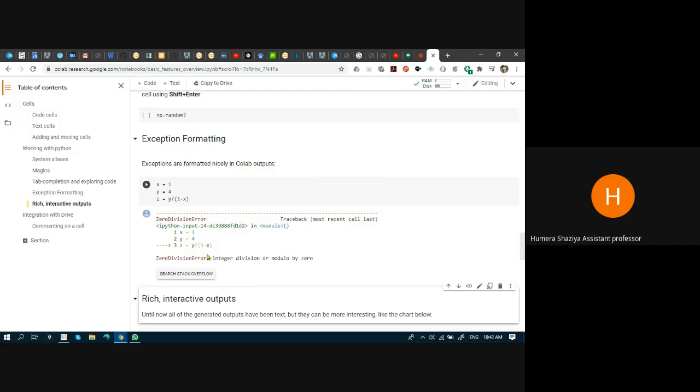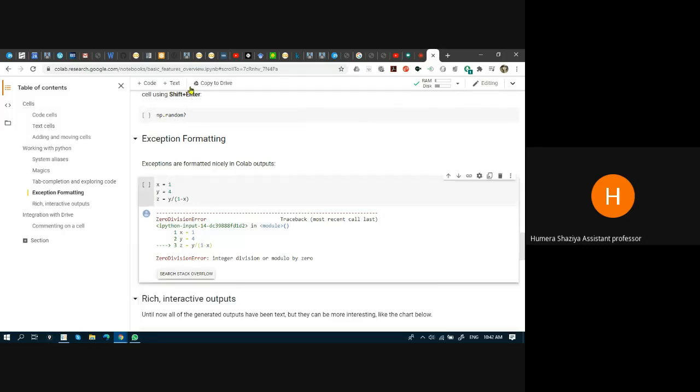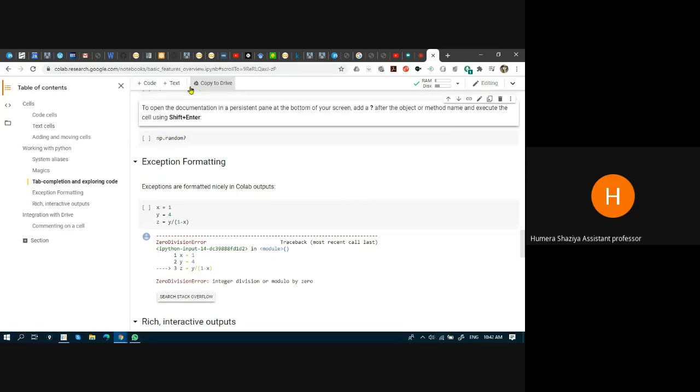Exceptions. If there is any error, an exception will be shown. If you would like to know about a function, you have to add a question mark first. Random is a function. So to know more about this function, type the function, type a question mark, and press Shift Enter.